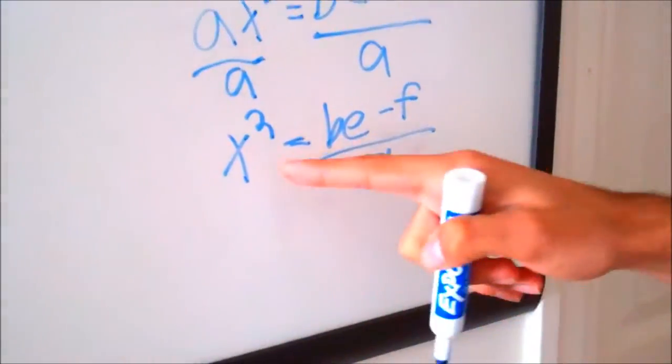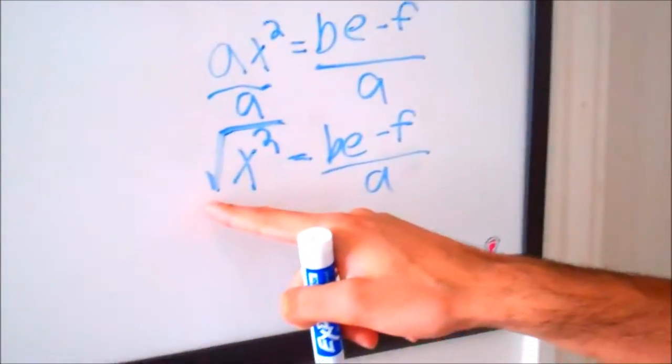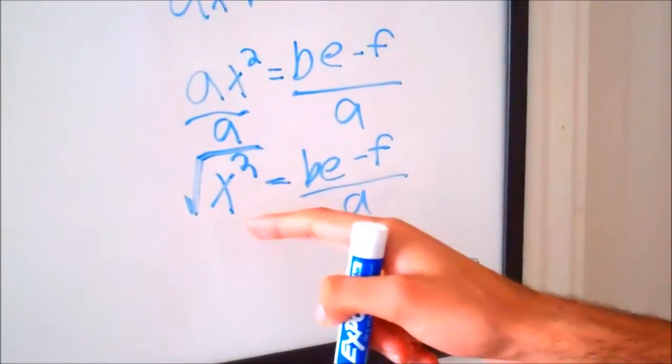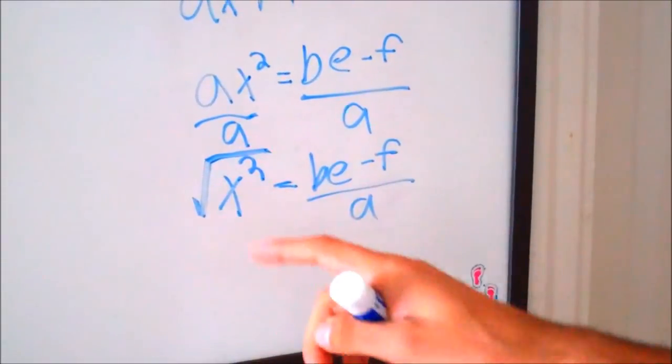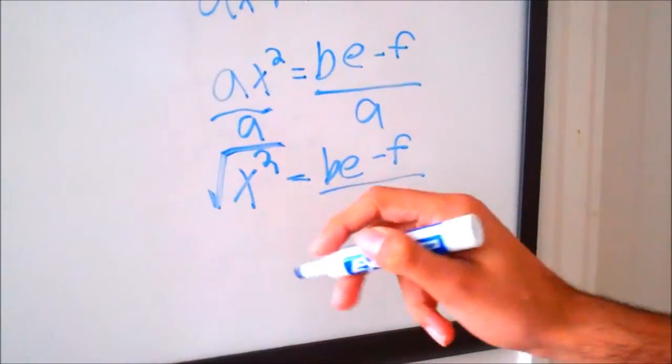Now we get to the exponent. In order to get rid of the exponent, we must square root it, depending on what it is. If it is a square root, then we must square the equation. If the equation is squared, we must square root the equation.